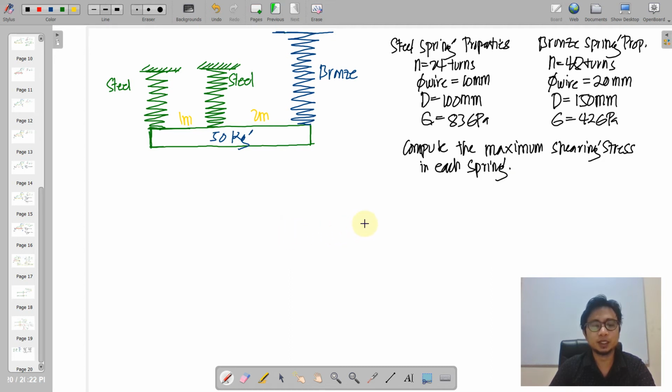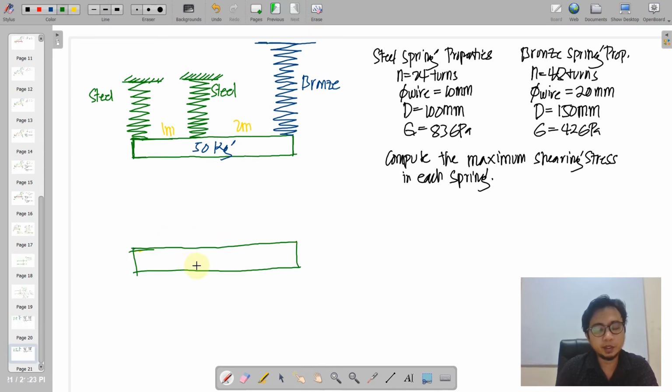Of course, that equation would be supplemented by the delta equation or the elastic deformation, wherein the illustration of the final geometry of the setup is reflected, and then the deformation equation will be formulated or derived from that. So let us start with the free body diagram.